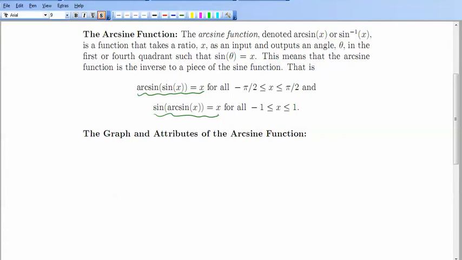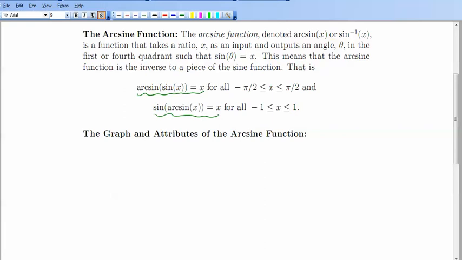Now, we have some domain restrictions that need to be abided by for the inverse to exist. Because if we think of a sine ratio like a half, well, pi by 6 has a sine ratio of a half, but so does 5 pi by 6. So which one, if we feed in a half into our arcsine function, should it pop out: pi by 6 or 5 pi by 6 or the infinitely many other accurate possibilities that have a sine ratio of a half?